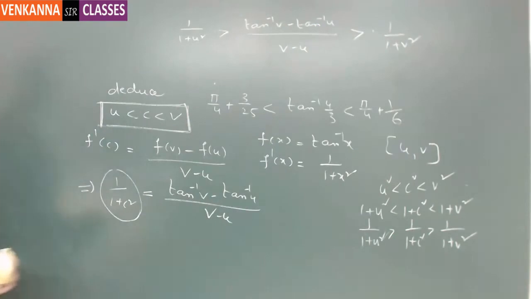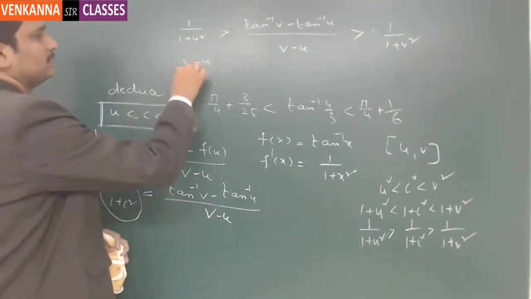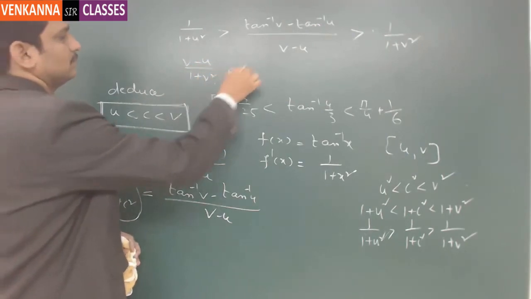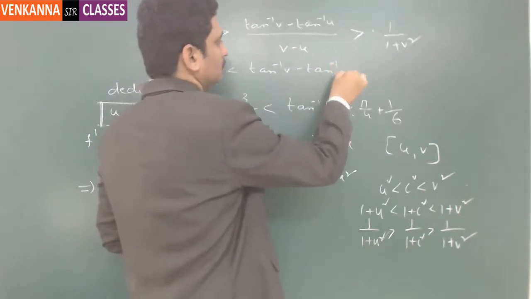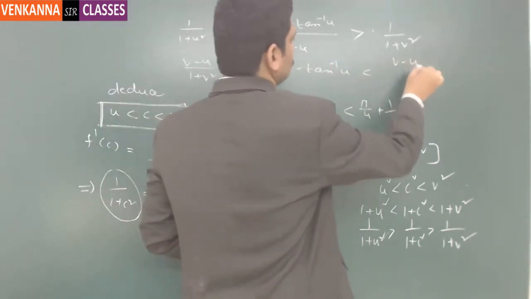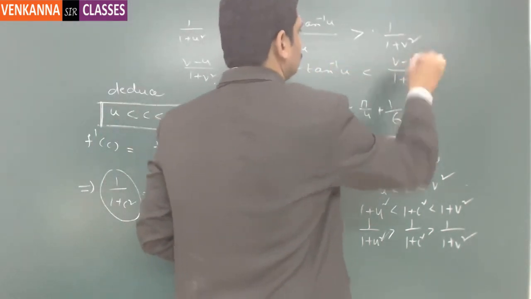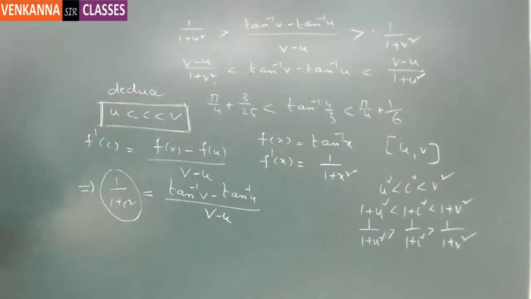Multiplying by this v minus u and writing from the other end, this is the inequality which is going to be done.